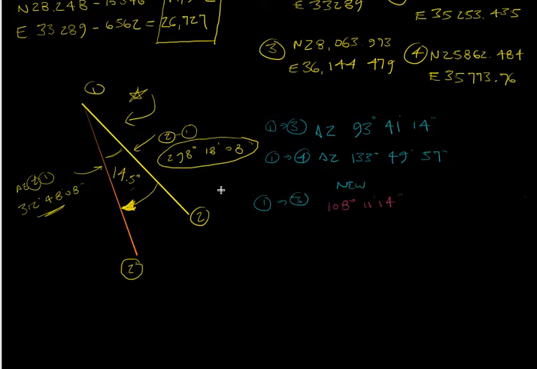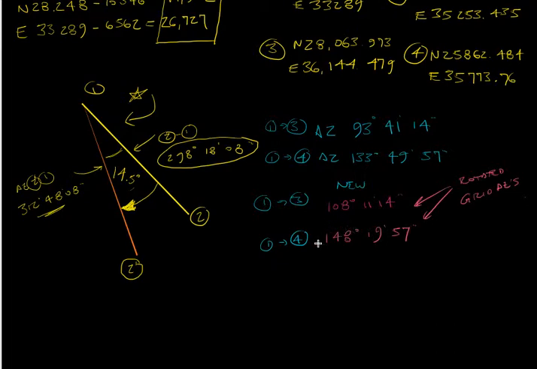And from 1 to 4, it's going to be 148 degrees, 19 minutes, 57 seconds. Alright, so these are our rotated grid coordinate azimuths. So rotated grid azimuths.